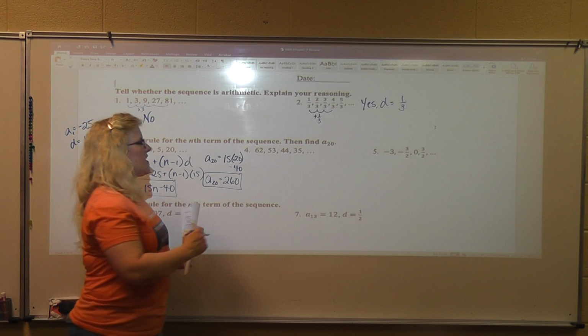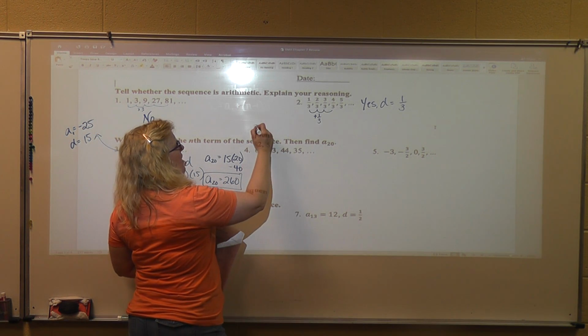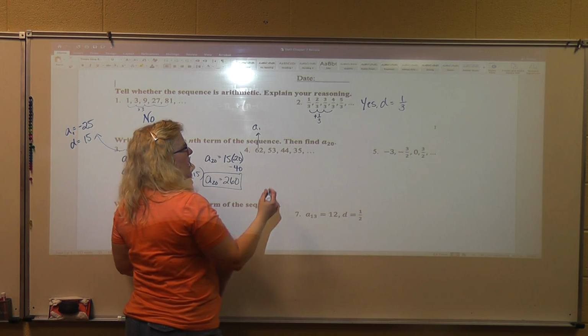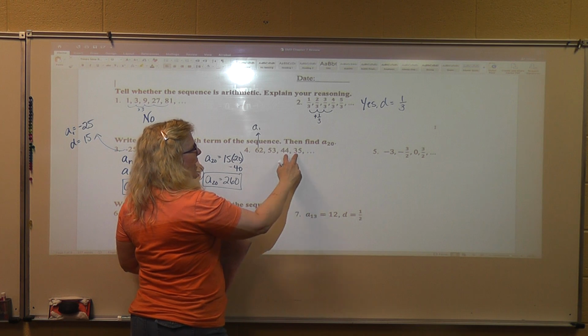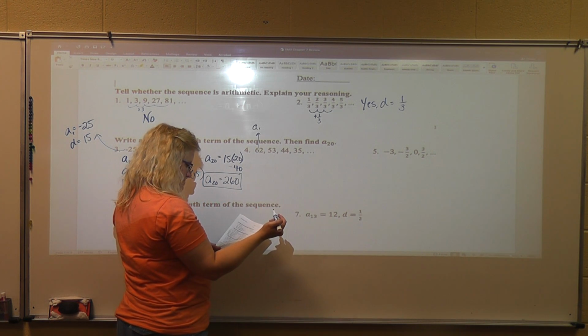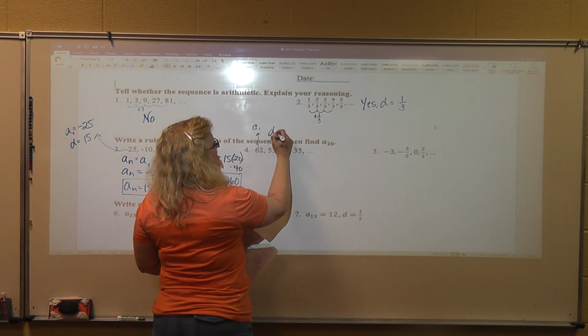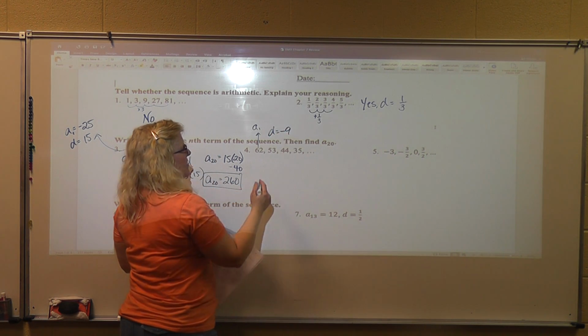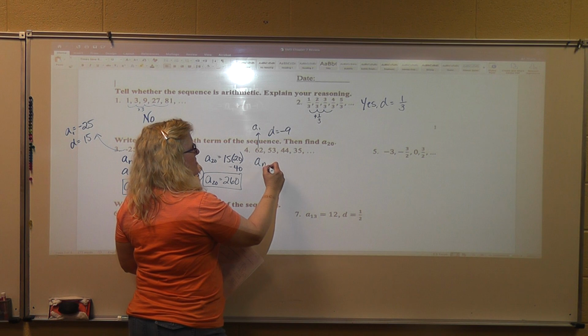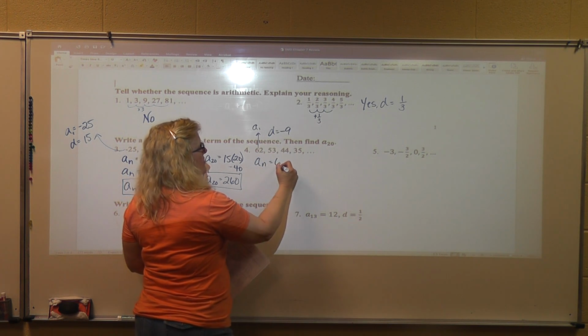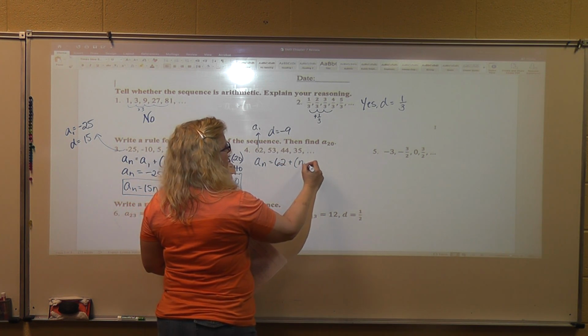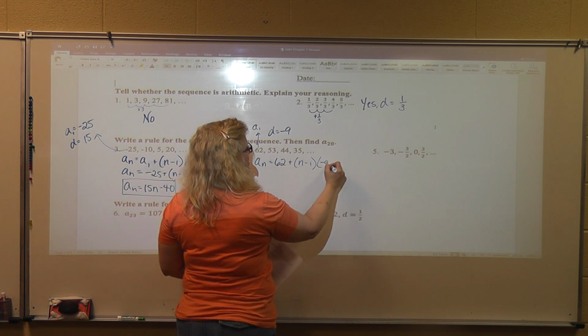This one, same thing. Here's a sub 1 right here, that's the first one. And this is being subtracted by 9 each time, so my difference is negative 9. So a sub n equals a sub 1 plus n minus 1 times negative 9.